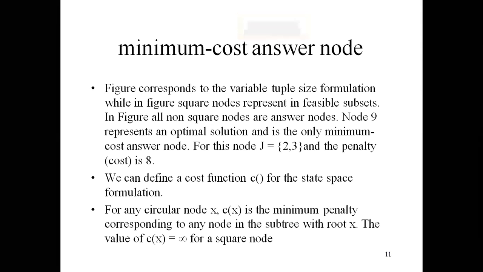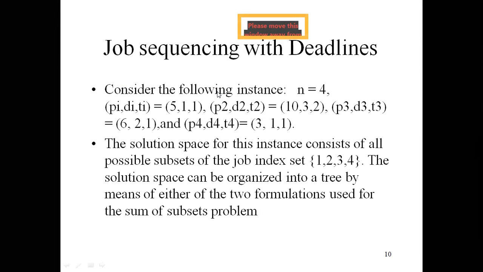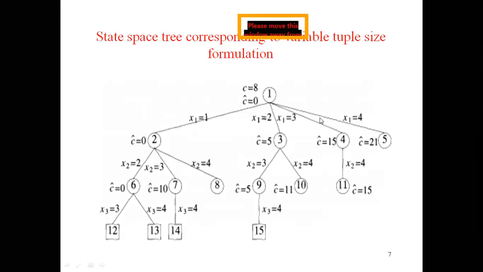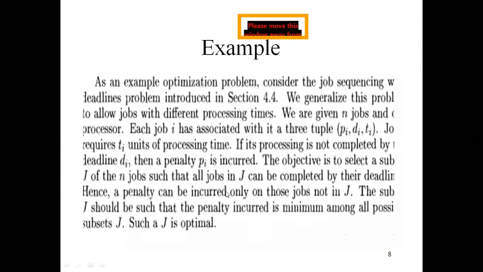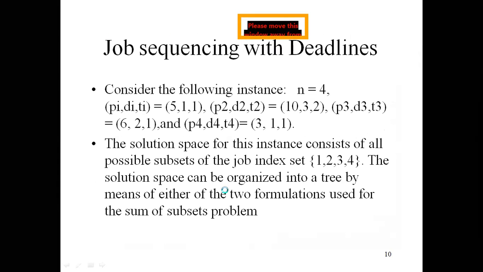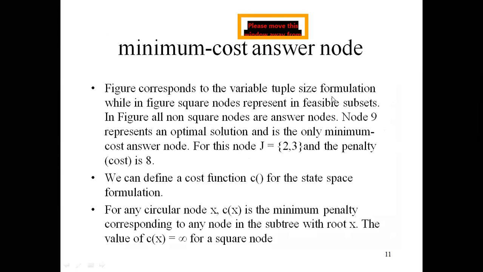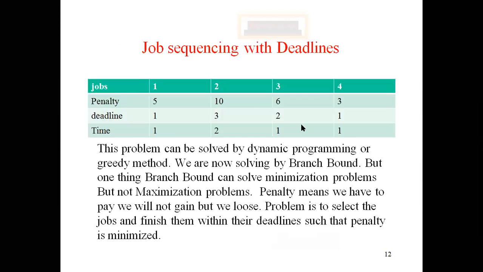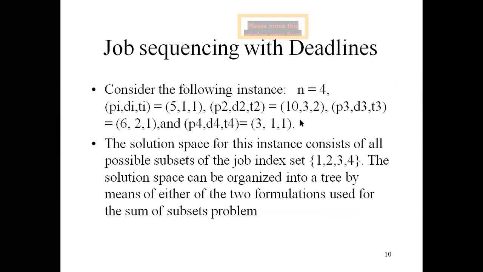The figure already given is the state space tree. It corresponds to the variable tuple size formulation, where square nodes represent infeasible subsets. In the figure, all non-square nodes are the answer nodes. Just check the figure and you can easily understand.